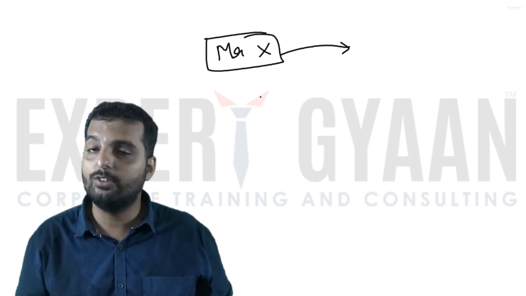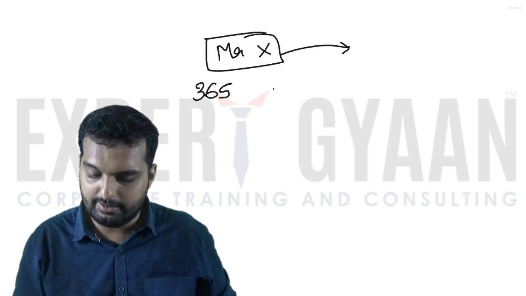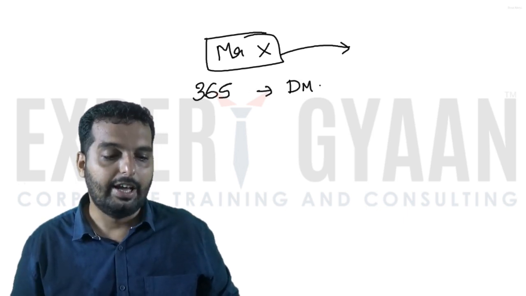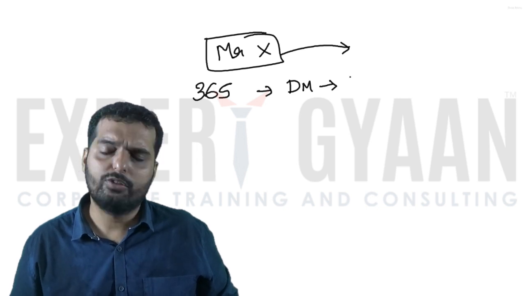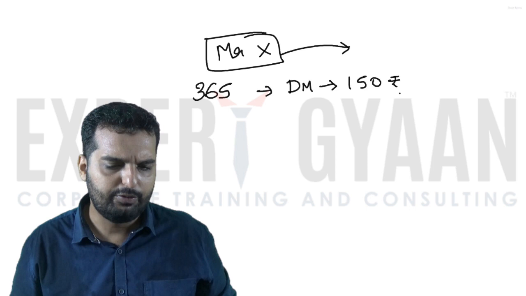So now Mr. X is all worried. He is doing some calculations in his mind. 365 Dairy Milk chocolates, approximately each chocolate having a price of, let us say, 150 rupees.